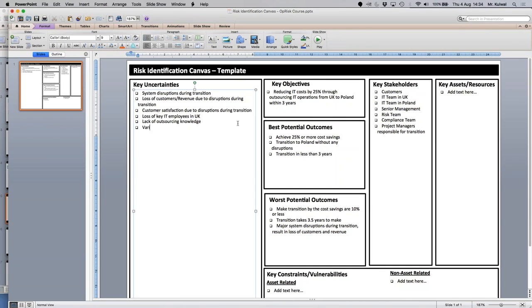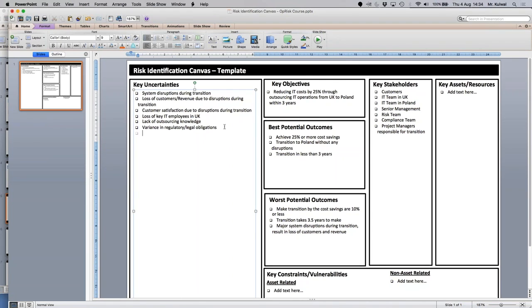There may be variance in regulatory or legal obligations, that we may be compliant with some UK laws, but if we move our IT systems and data, then those changes, now we need to comply with different regulations, so that may introduce some uncertainties.